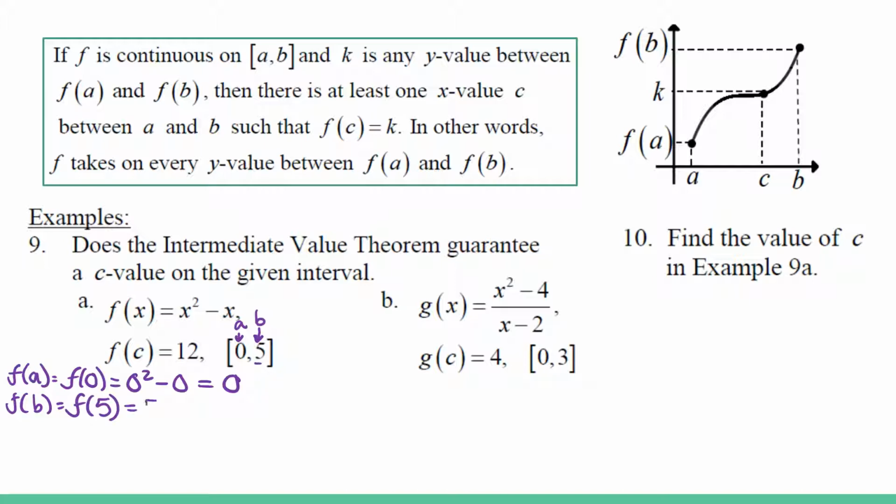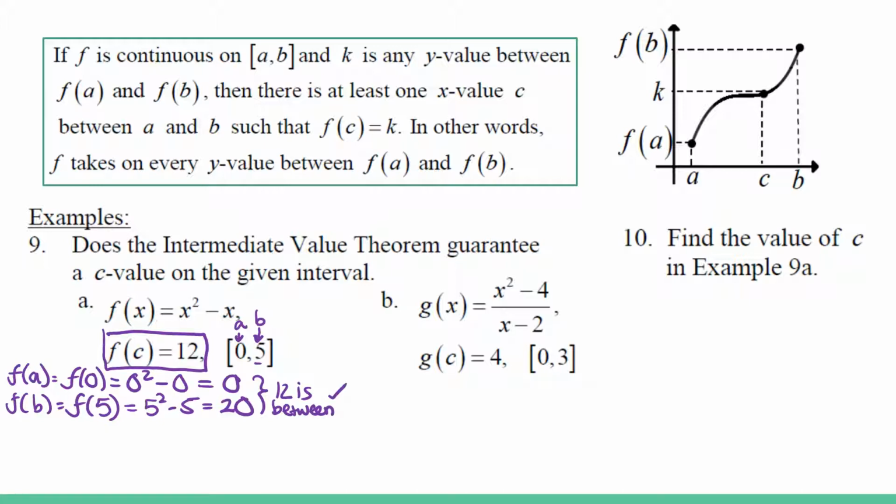So that'll get us 5 squared minus 5. In other words, 25 minus 5 is 20. Okay, so we have kind of our start and our end. Now we have to just verify that f of c, or 12, is between these, right? 12 is between. Okay, we're doing good.